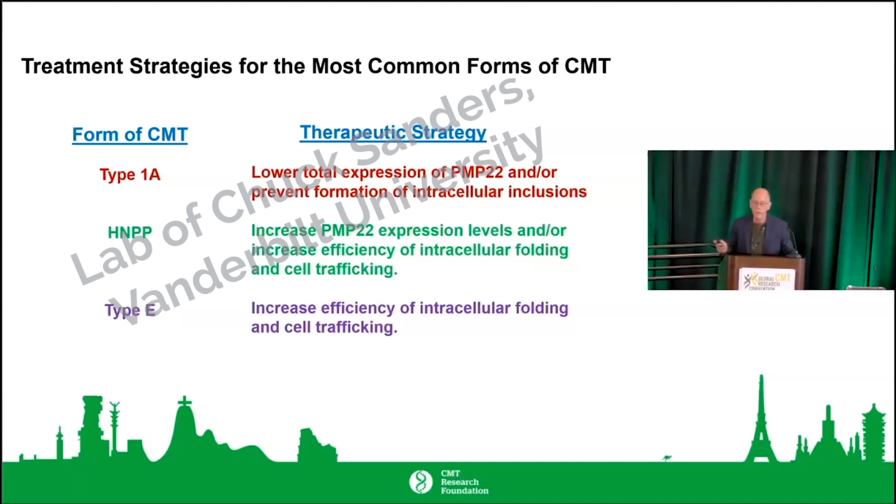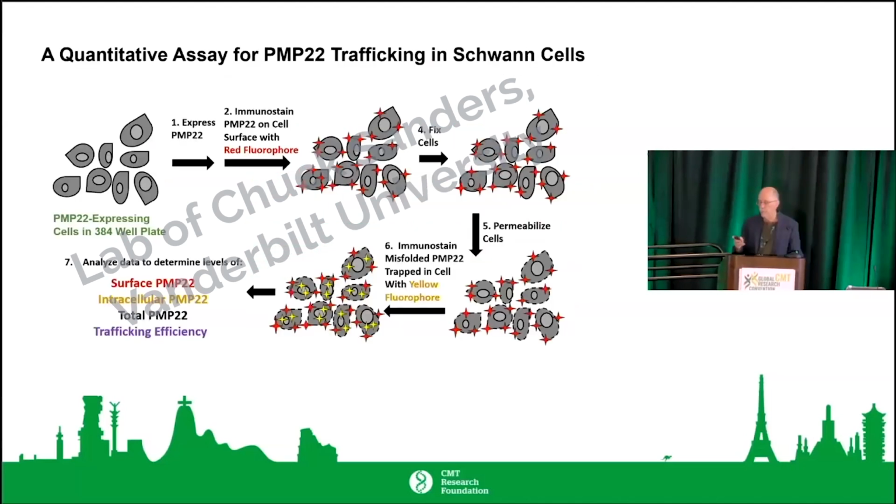So over the last decade, my lab has developed a very robust assay for quantitating what happens to PMP22 when it's made in Schwann cells. And I won't go through the assay except to say what you get out of this assay is very quantitatively, with very tight statistics, the surface level of PMP22 that gets made, how much PMP22 is trapped intracellularly, the total PMP22, and the trafficking efficiency.